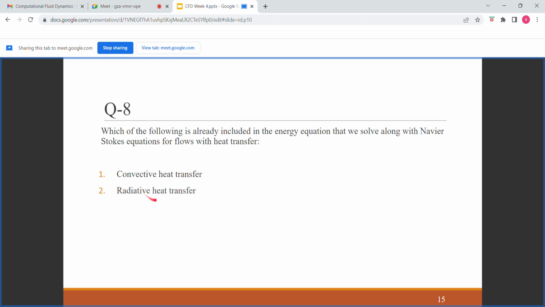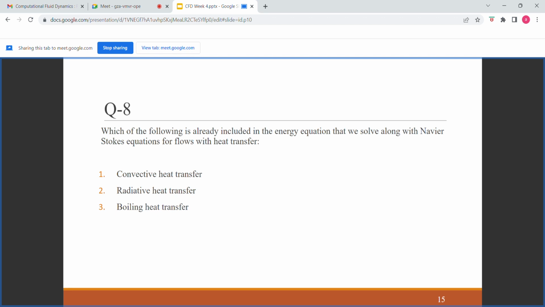Regarding radiative heat transfer, when we are dealing with high temperature change problems, radiation effects should be considered, but in most cases things become very complicated with radiation. Therefore, we have not included the radiative heat transfer equation. The next is boiling heat transfer, where phase change is occurring.